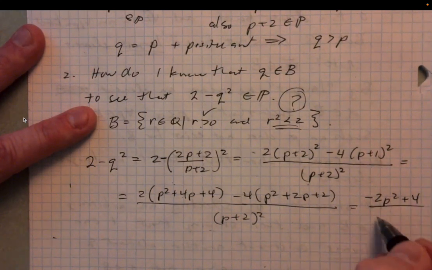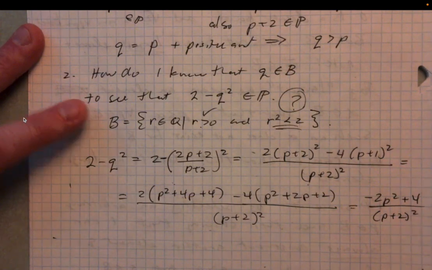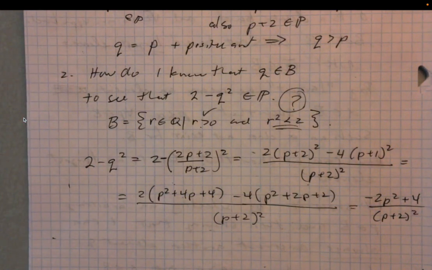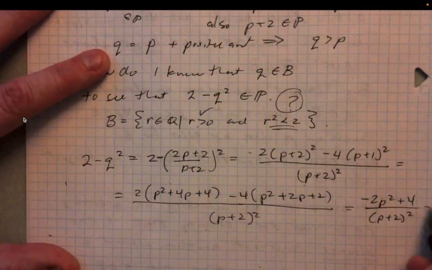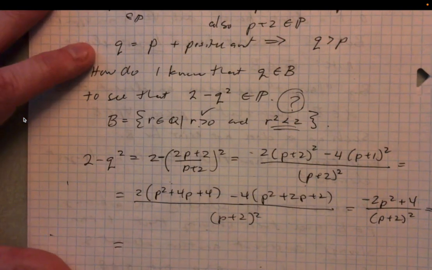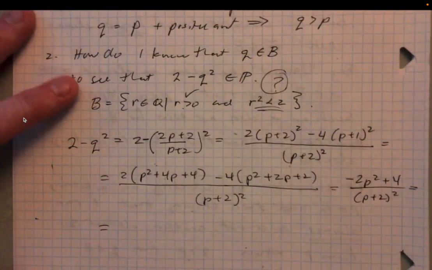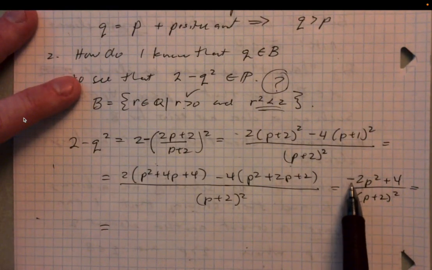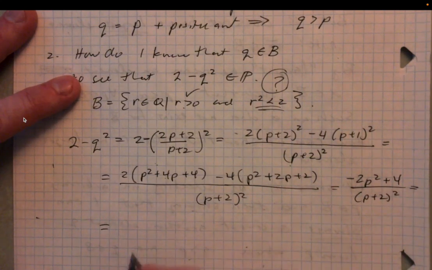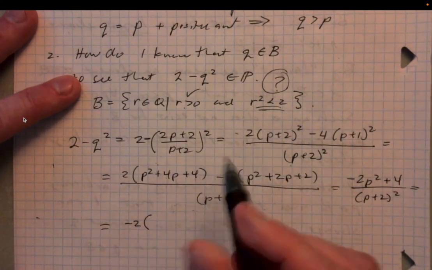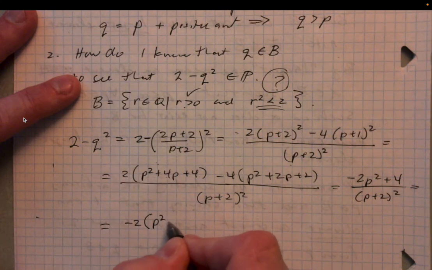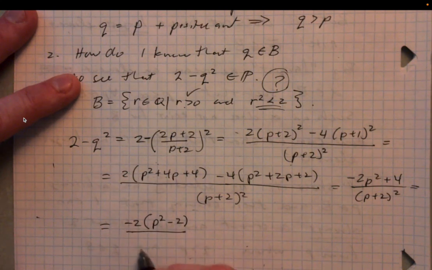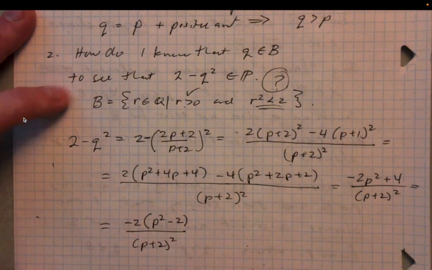Everything else disappears. Let's do one more thing to make the reasoning really clear. We can factor out a negative 2 here: negative 2 times (p squared minus 2) all over (p plus 2) squared.